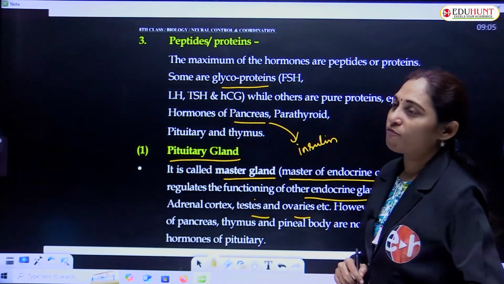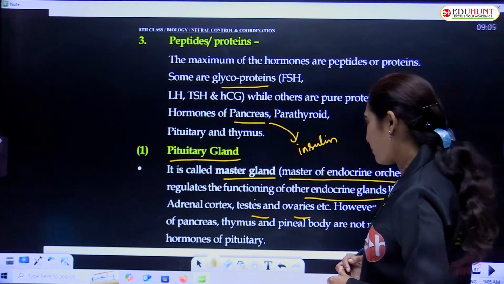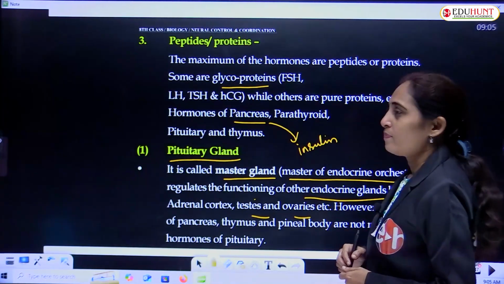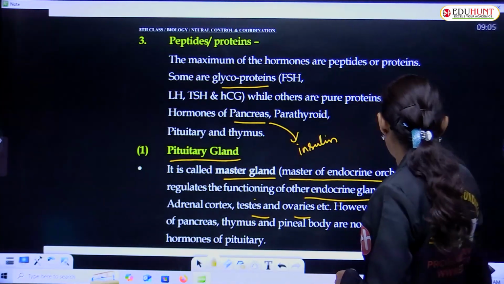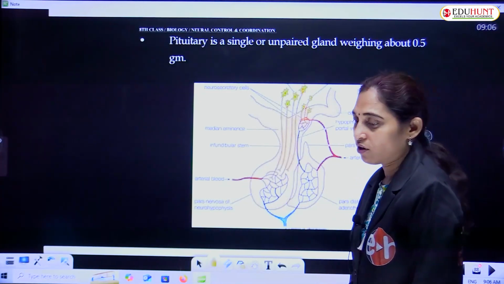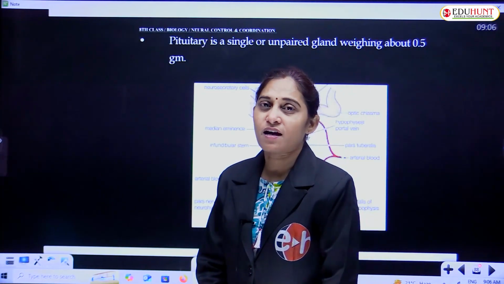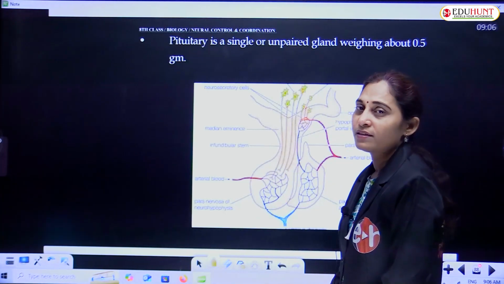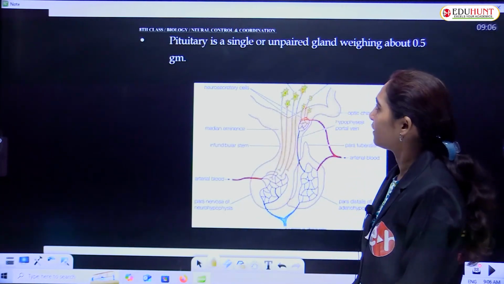The secretions of the pancreas, thymus and pineal body are not regulated by the hormones of the pituitary gland. Even the hormones produced by the pancreas are not regulated by the secretions of the pituitary gland.